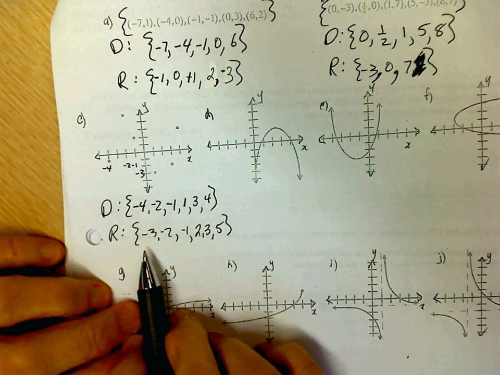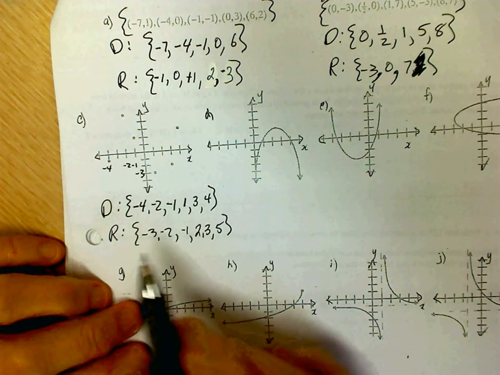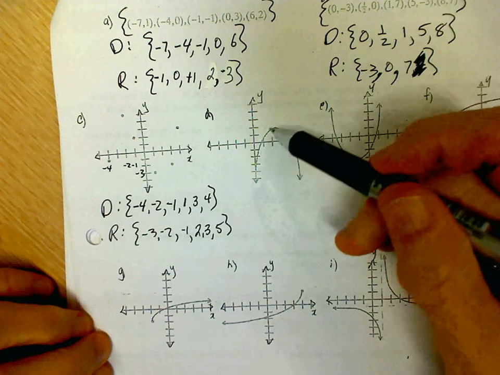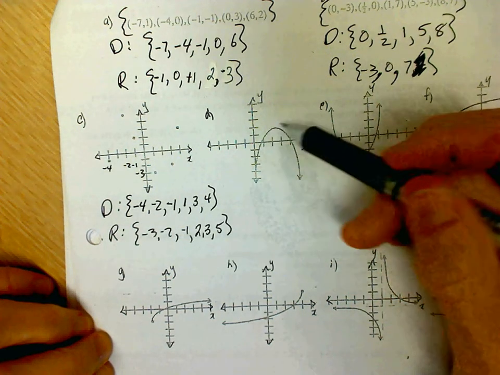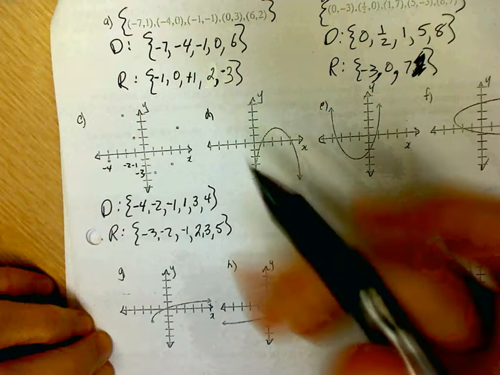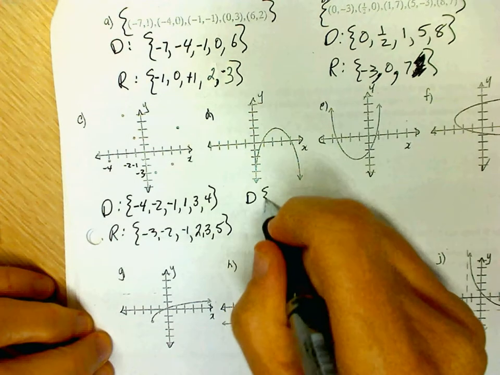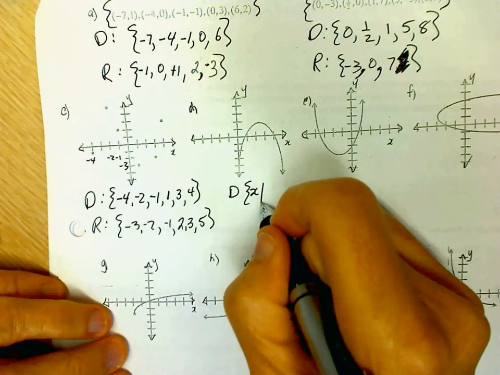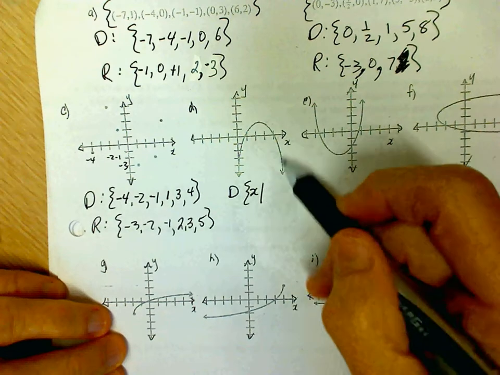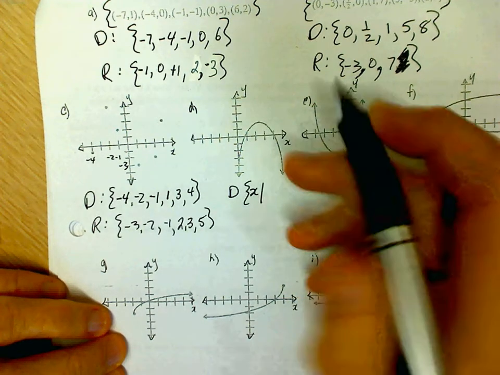This is different because we have a solid line. Now we're getting into proper set notation. It's x such that, what value can x be? Any real number.